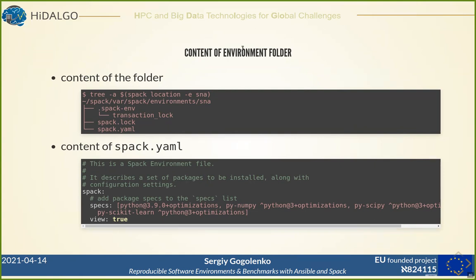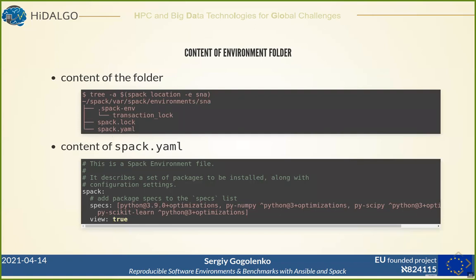So now let's do the same as we've done with installed packages. Let's take a look at what is created within the environment folders. Within the environment folders, by default, we will have the subfolder .spack-env with some additional metadata, which is not so useful actually in the case of environments.